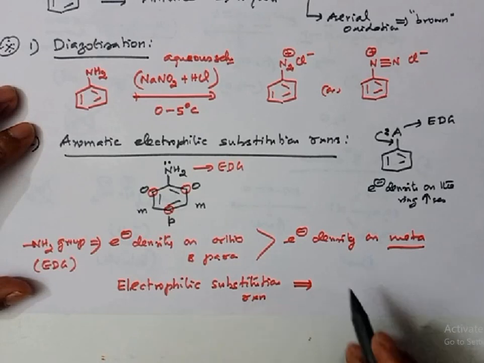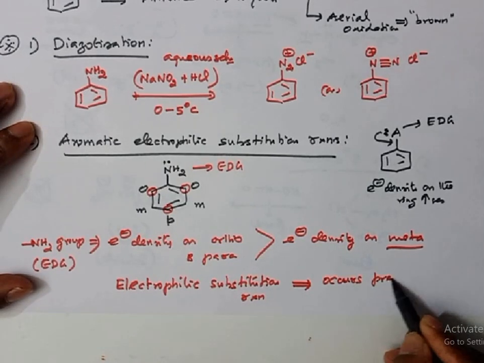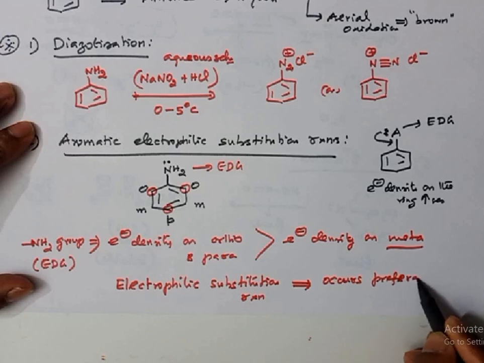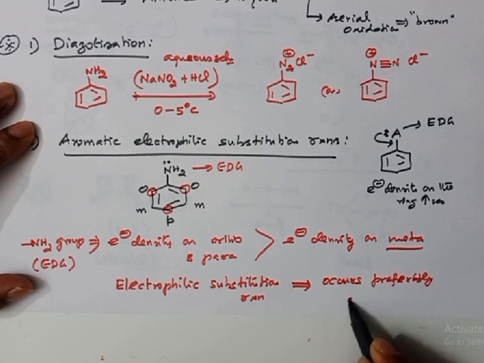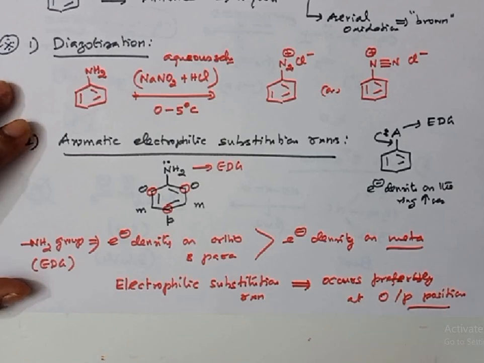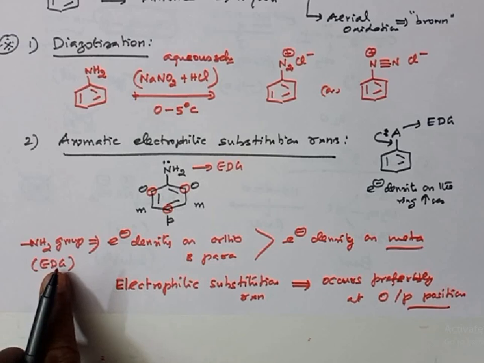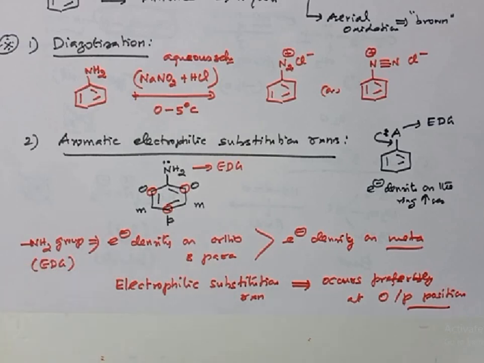So electrophilic substitution occurs preferably at ortho or para positions. This is very important student. Keep this in mind. Where does electrophilic substitution take place? At ortho and para position of aniline. Why? Because NH2 group of aniline is an electron donating group.